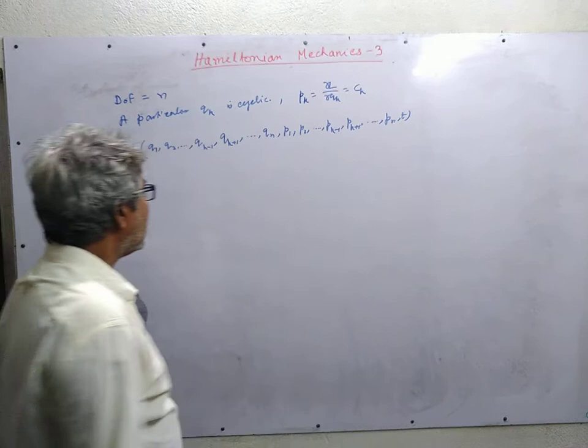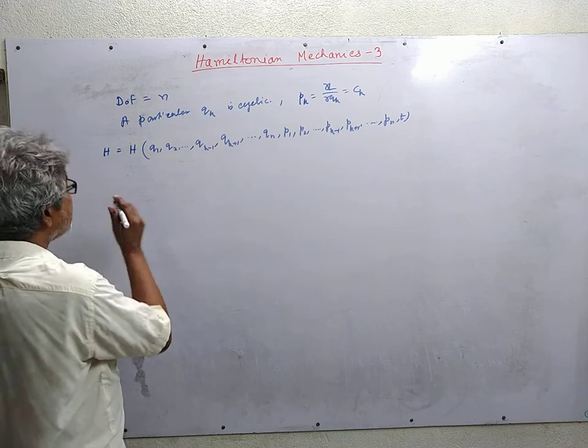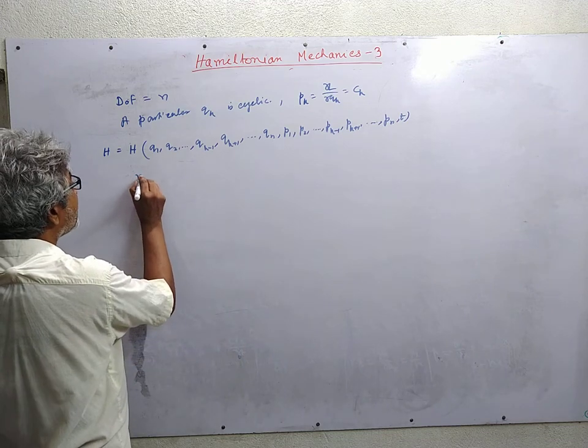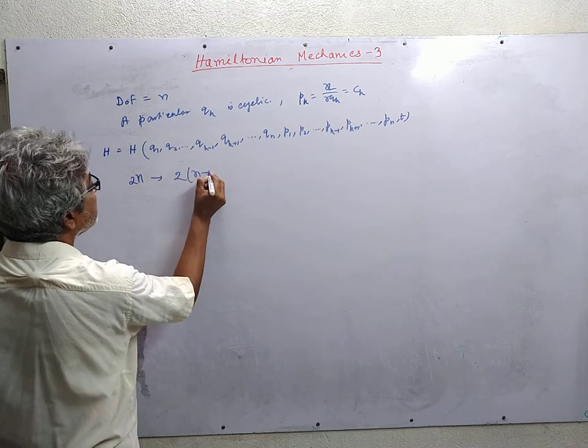So if one coordinate is cyclic, then the number of independent variables in the Hamiltonian reduces from 2n to 2n minus 1.